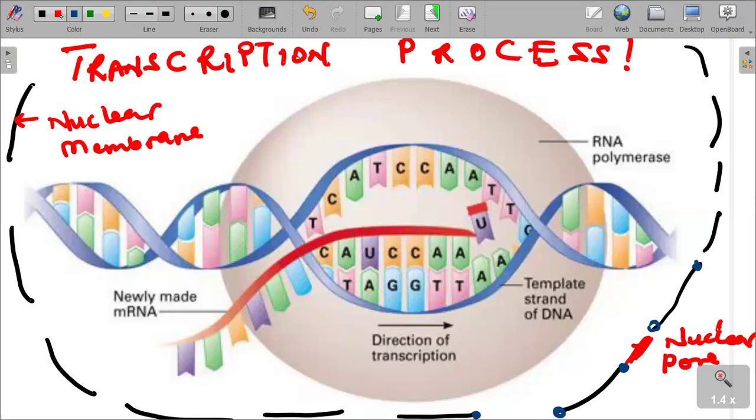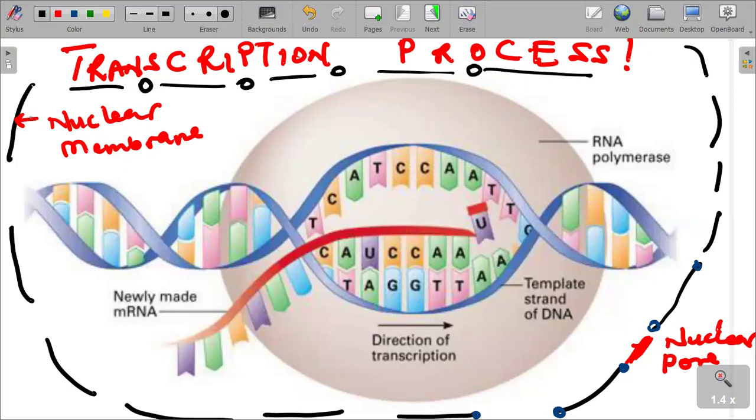So this diagram is representing the transcription process. I'm just underlining the topic, transcription process. You see there is a membrane that is shown here. This membrane is called the nuclear membrane.